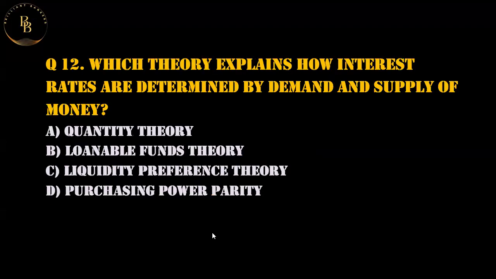Coming to question number 12. Which theory explains how interest rates are determined by demand and supply of money? Is it the quantity theory, the loanable funds theory, liquidity preference theory, or purchasing power parity?